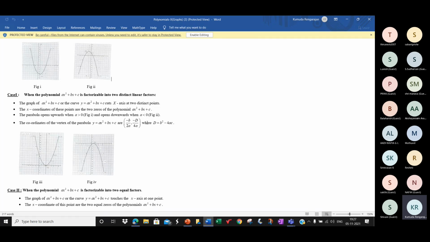But supposing it's minus 4x squared plus something. So the value of a is minus 4. It's less than 0. It's negative. Then the parabola will open downwards.